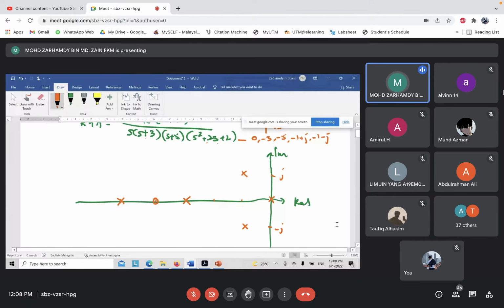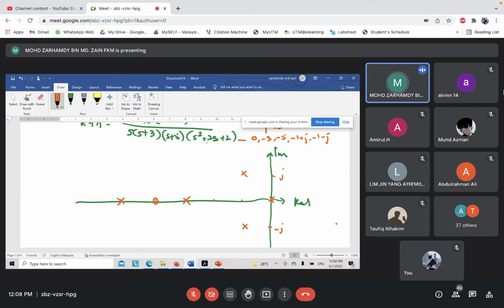Okay, so far so good. So we have the real axis branch, which will appear on the left of an odd number of poles and zeros. So we have 1, 2, 3, and 4.